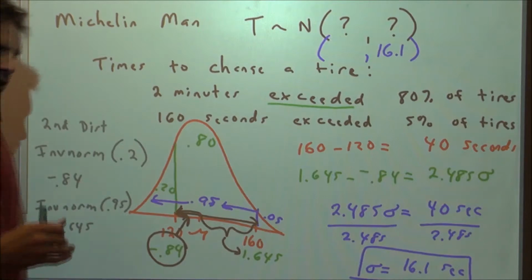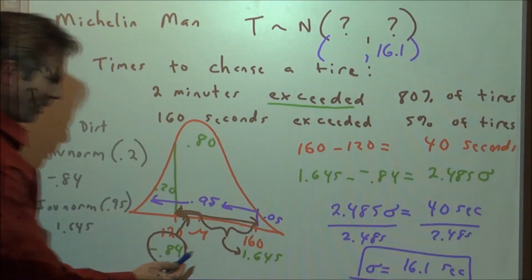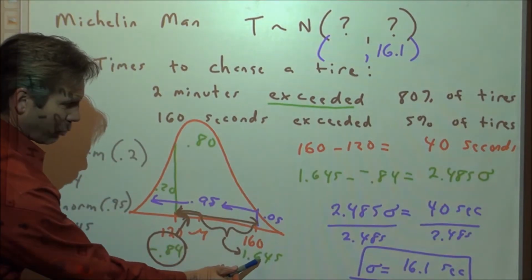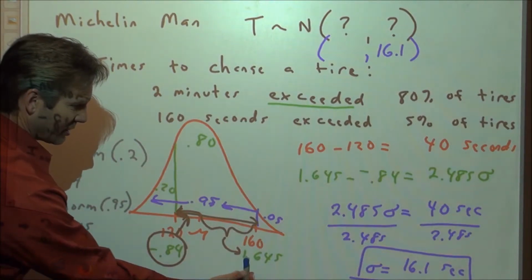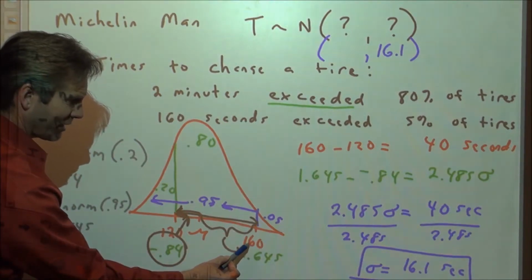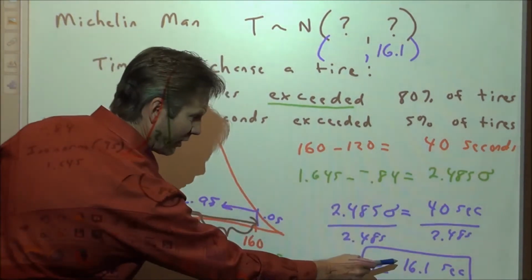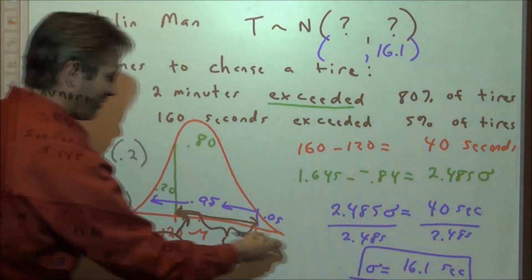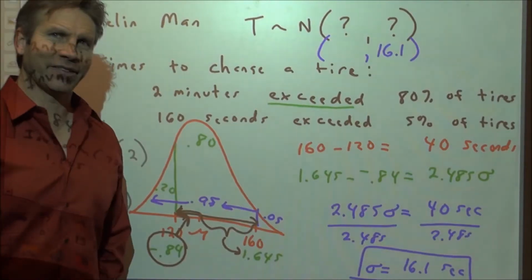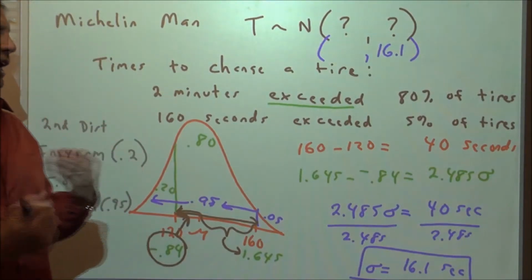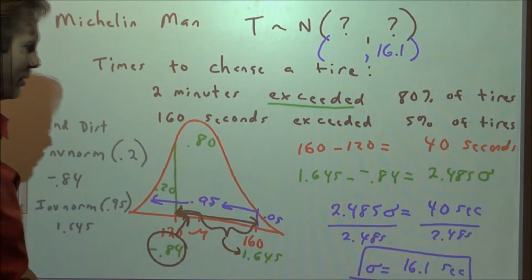And hopefully you can do this logically. You can say, well, the mean is 1.645 standard deviations to the left of 160. So if we took 1.645 of those standard deviations, multiply them together, and subtracted from 160, we'd get the answer. That works for kids that are really comfortable with numbers and good with number sense.